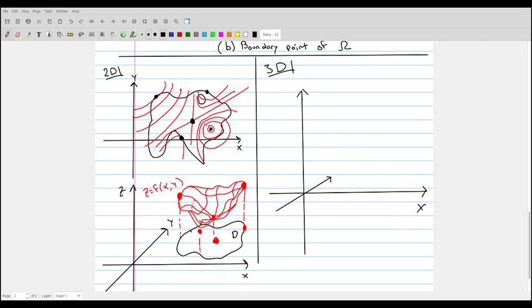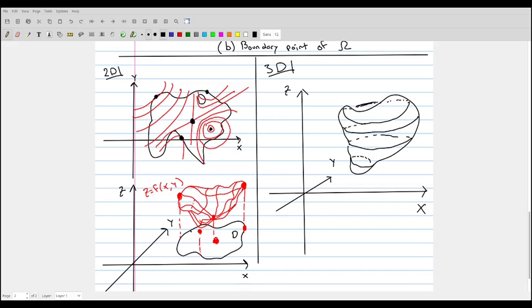So say, for instance, you have some 3-dimensional region, omega. This is a 3-dimensional surface. And you have possibly a temperature function or some other function of 3 variables that's defined on this surface omega.